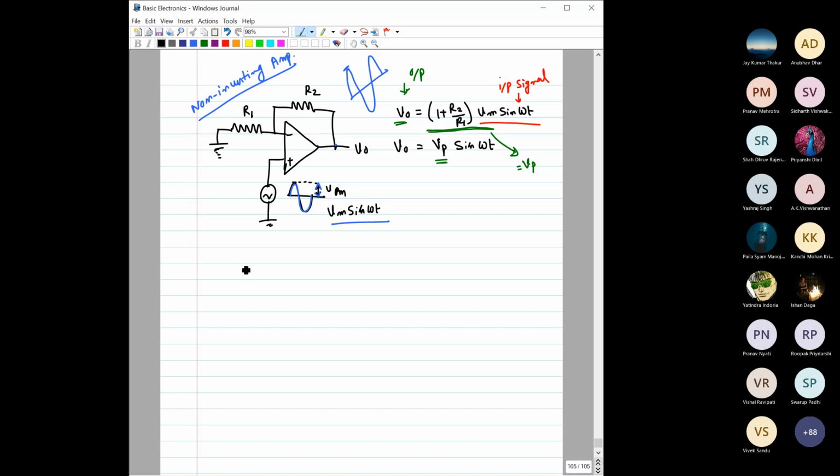So let me write it again. V output equals Vp sine of omega t. Slew rate depends on the rate of change of output. So what is the rate of change of output here? dVo/dt is Vp, then sine of omega t, this omega will come here.